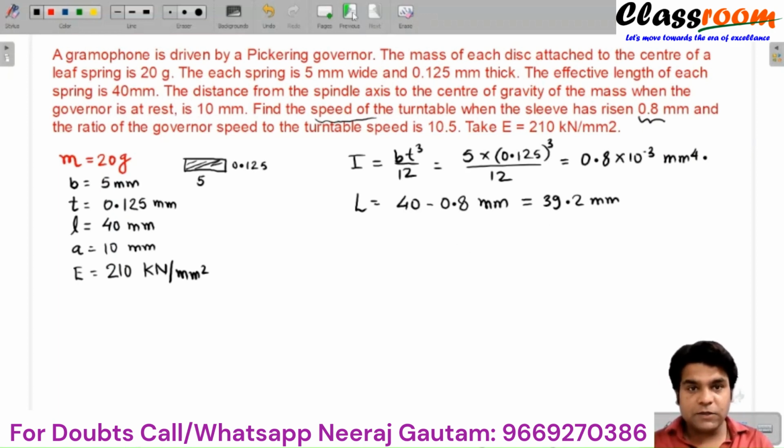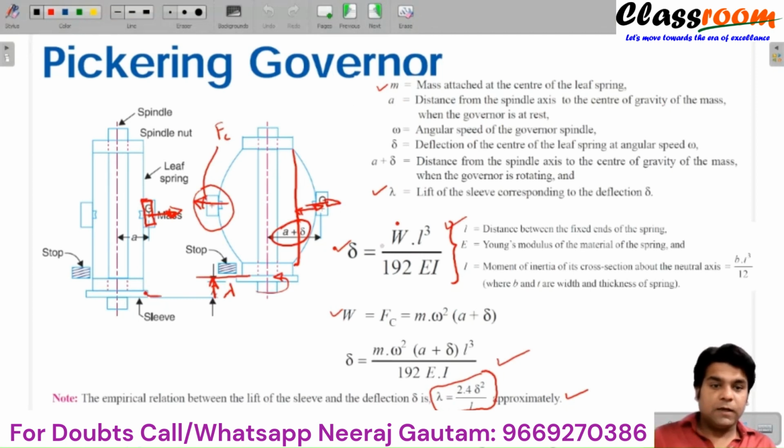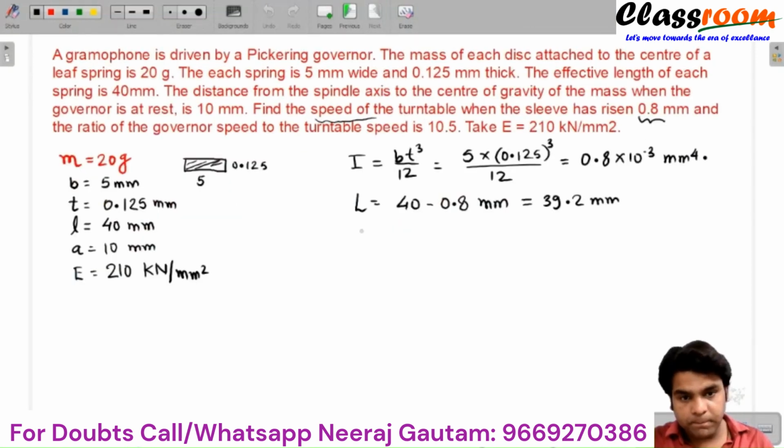Now we know the relationship between the sleeve lift lambda and the deflection delta. So we can easily find the value of delta from this relation. Lambda equals 2.4 into delta square by L. Here we will take this L, which is after rising of the leaf.